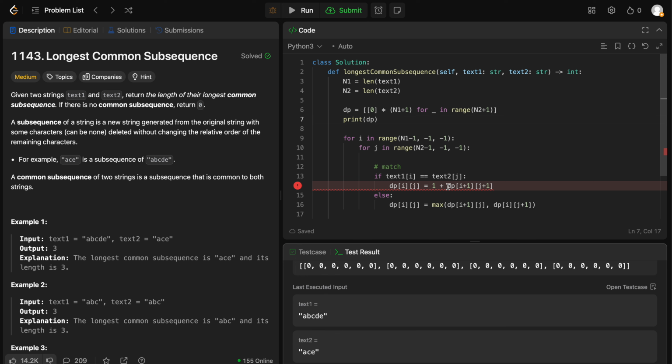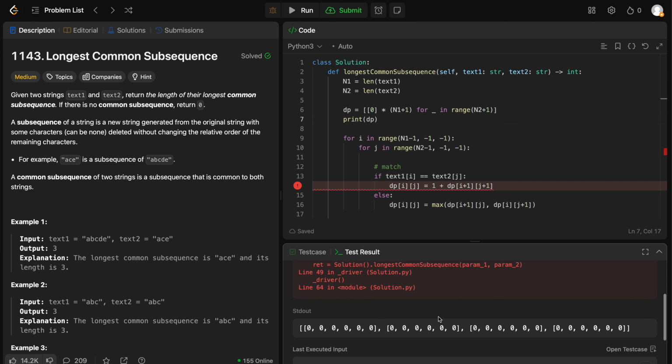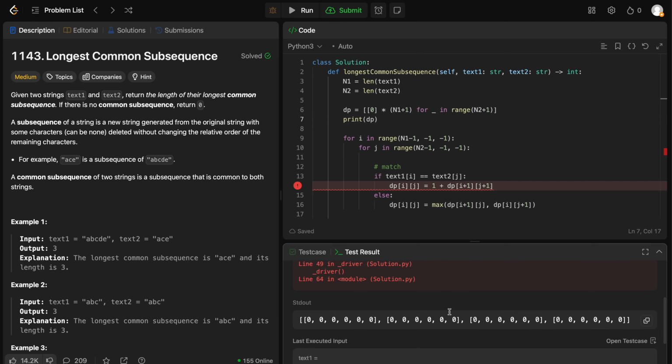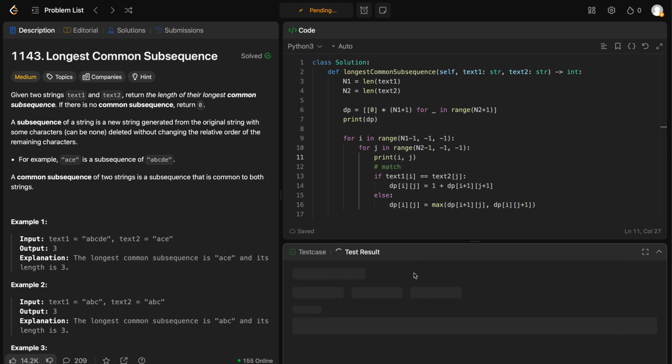dp of ij. What? Why is this out of range? I'm not sure what's happening.